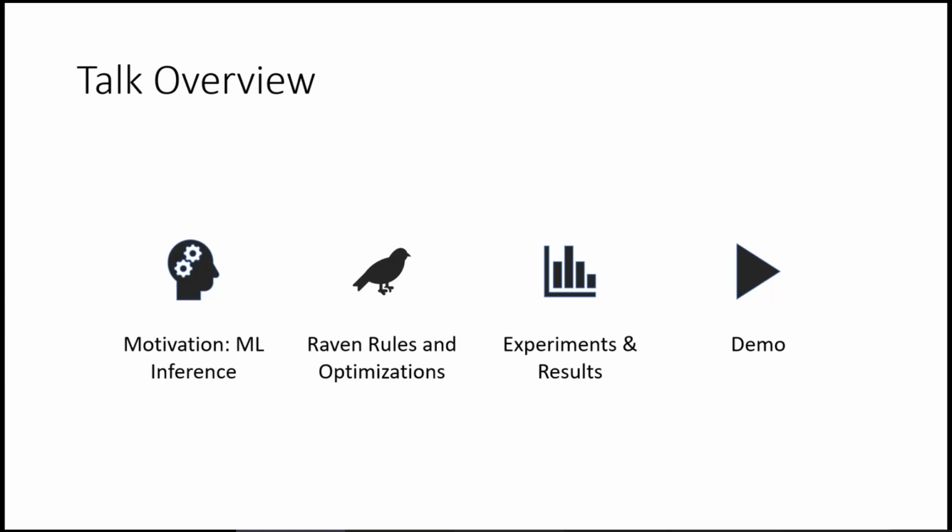Then I'll go over some experiments and results we've done with Raven, show some numbers and the improvements it gives us. And at the end, I will do some demos. I have some pre-recorded demos, so I'll show those at the end.